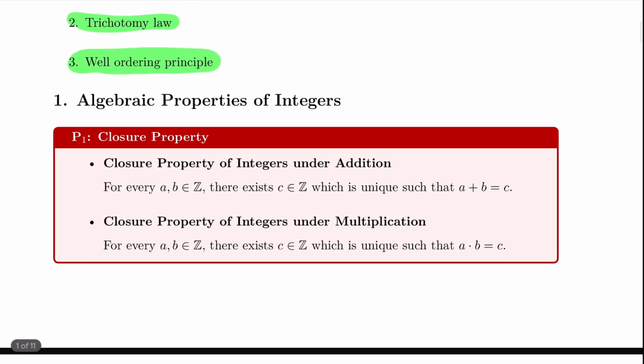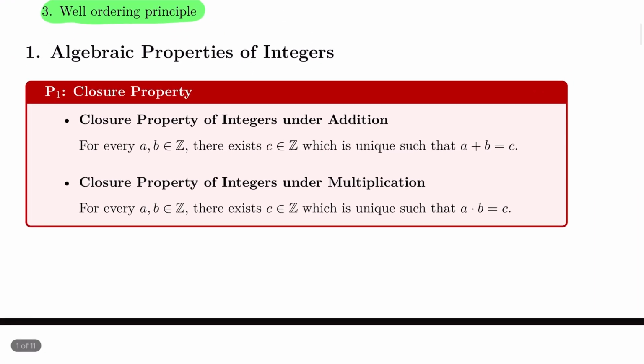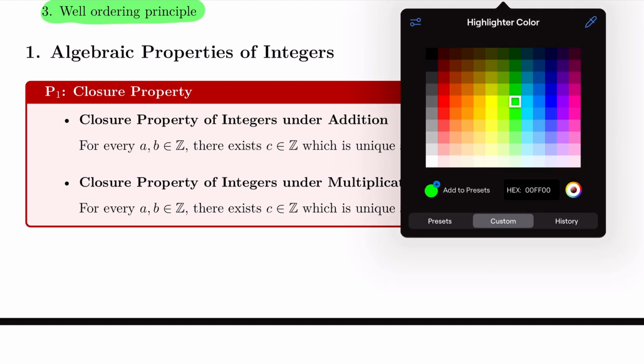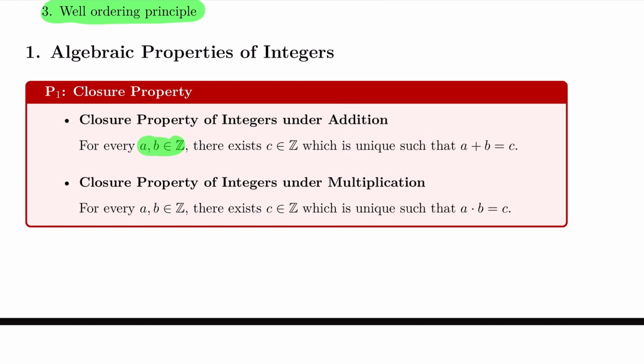We have first 6 properties. Property number 1, or P1, is the closure property. Okay, and we have the closure property under addition and under multiplication, meaning that if you have any two integers, let's say a and b, then a plus b is still an integer.